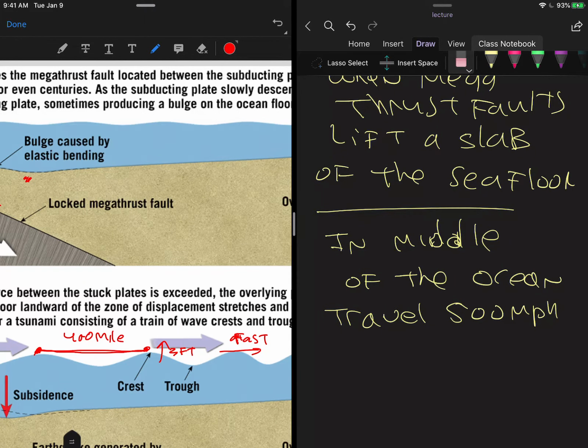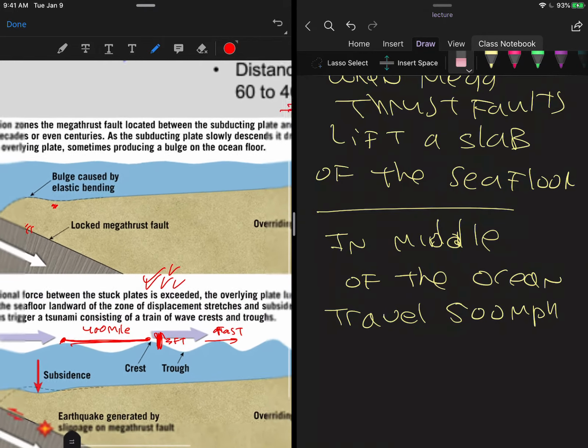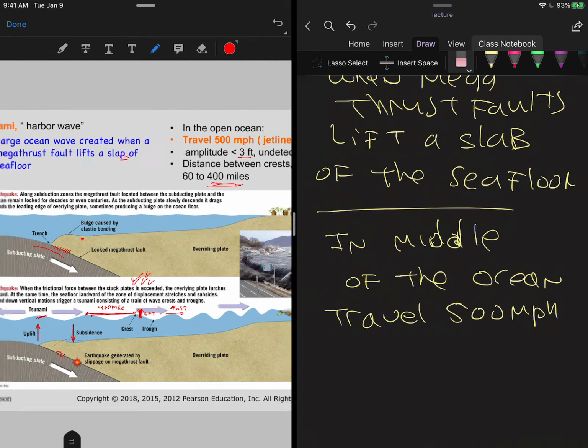The distance from the top of one wave to the top of another is just too far to see. The height of the wave is too small to see, and it's moving extremely fast. And again, I recommend that you watch the computer simulations that I have in the back that show you the creation of a tsunami. But what happens when a tsunami approaches land?